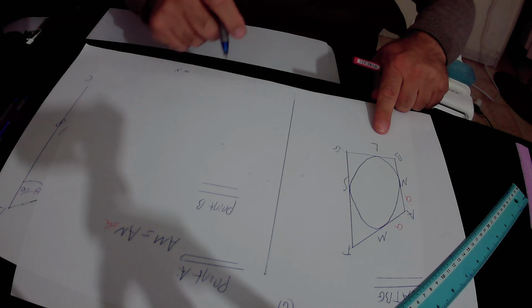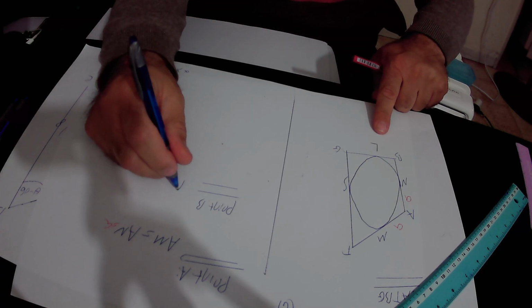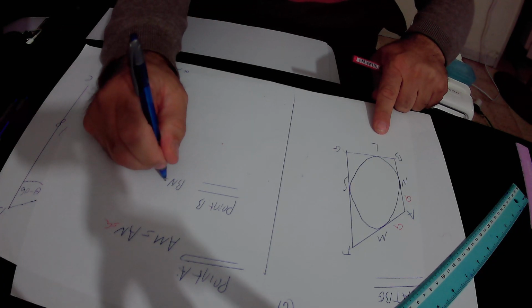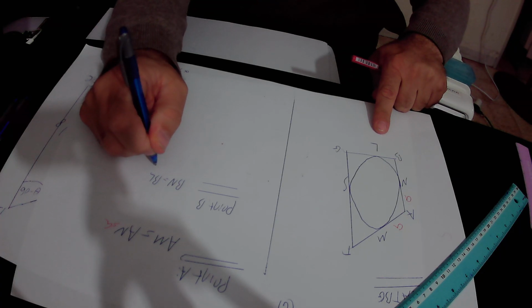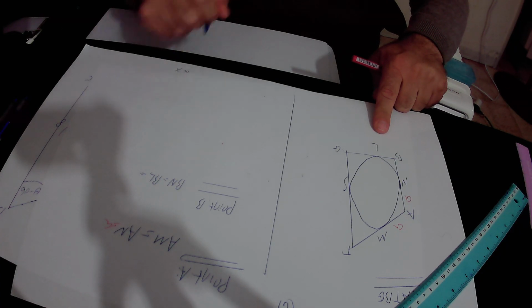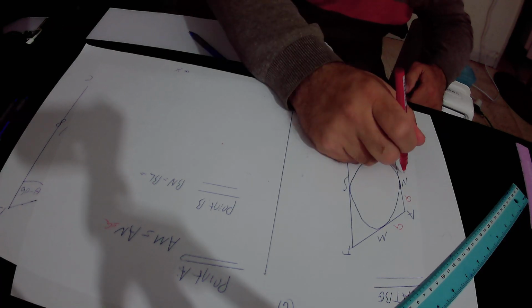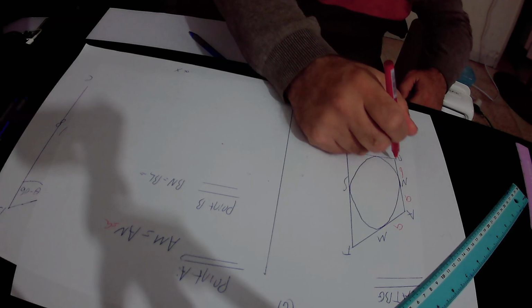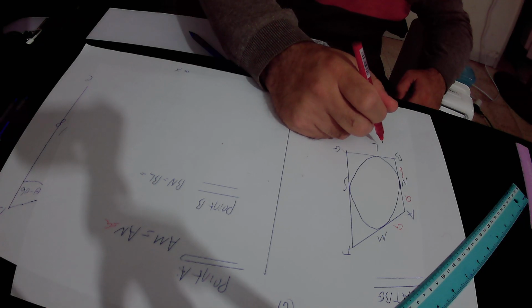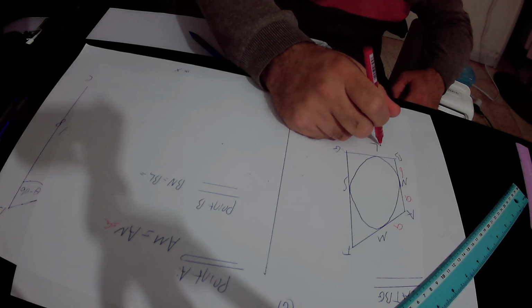According to rule number 2, they must be equal to each other. That is to say, BN equals BL. So, if BN is b, then BL also must be equal to b.